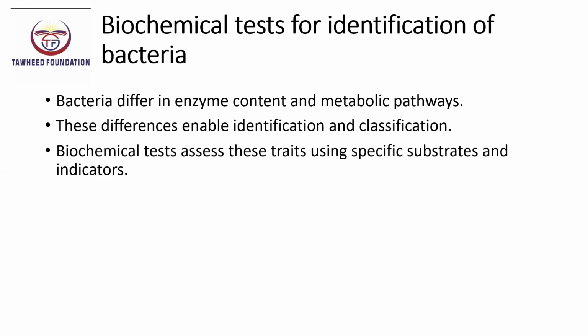These tests examine bacteria's ability to break down substrates like hydrogen peroxide, plasma, sugars, urea, and nitrates, which can differentiate between bacterial species and identify pathogenic from non-pathogenic strains. The motility test also helps identify if bacteria possess flagella and are mobile.